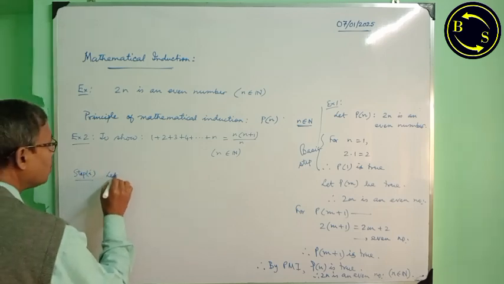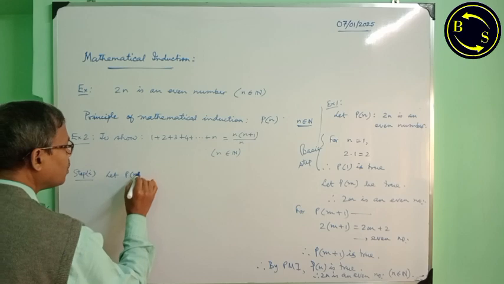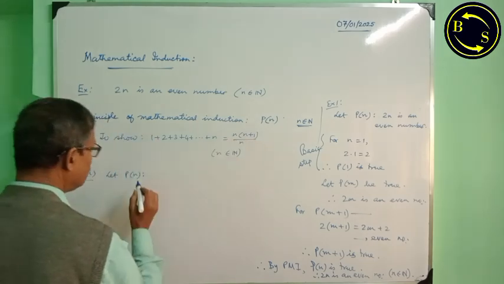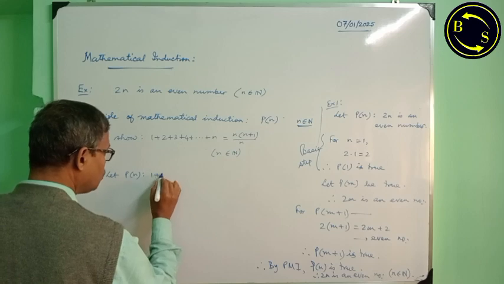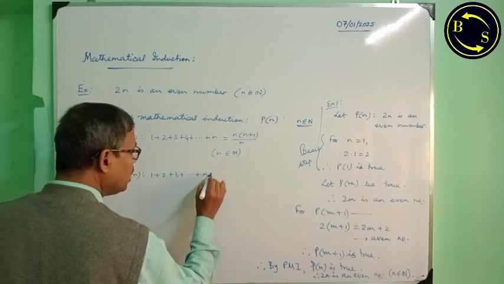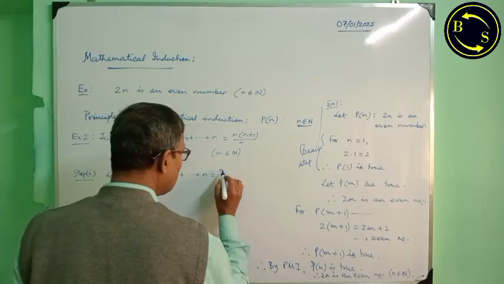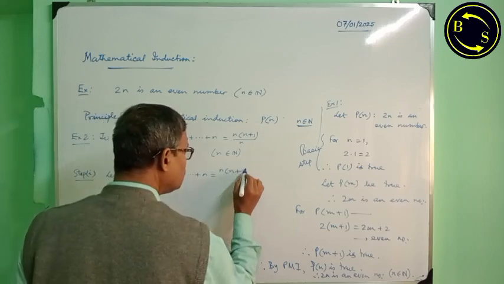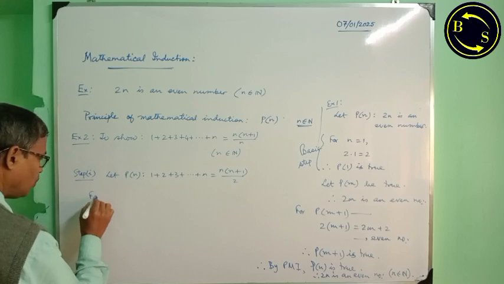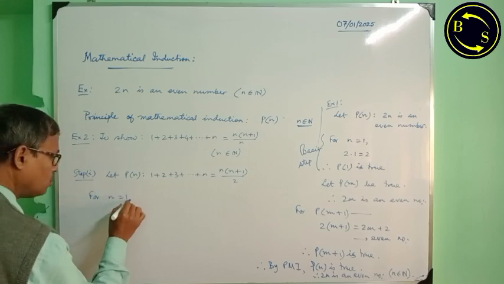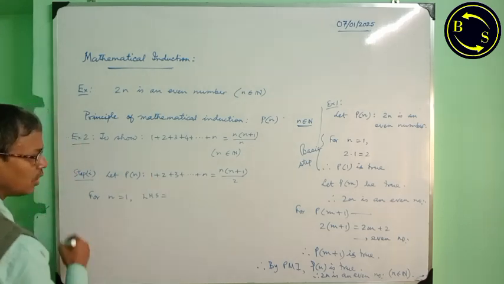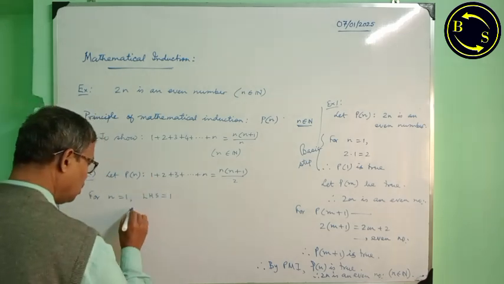Let Pn be this whole: 1 plus 2 plus 3 plus up to n is equal to n into n plus 1 divided by 2. For n equal to 1, left hand side will be just one number, 1.